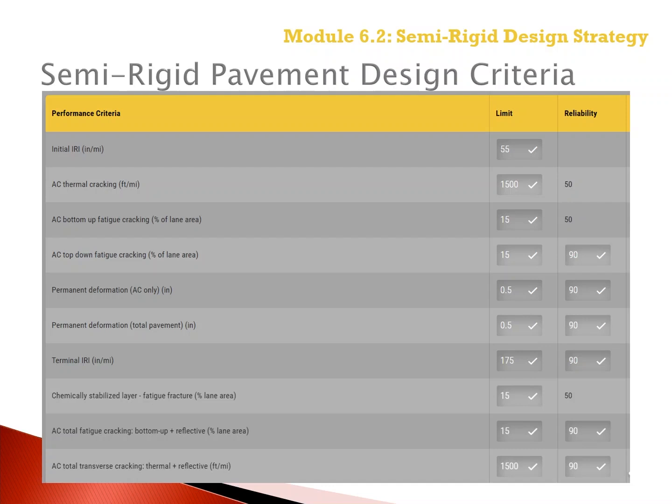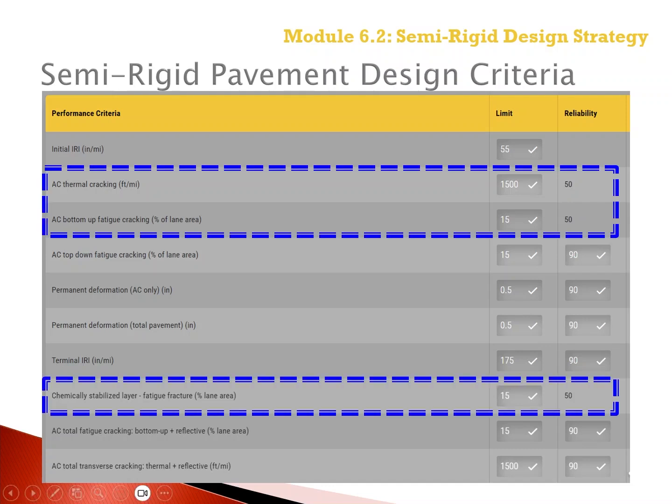Now, a mention of a couple of those where the reliability is set at 50%. We mentioned this when we had the software open. For some of the performance criteria, the reliability is set at 50%, and the user cannot change that value. The reason is that the reliability is based on the reflection cracks, or reflection cracking, plus any new cracking in the asphalt layer of a semi-rigid pavement.